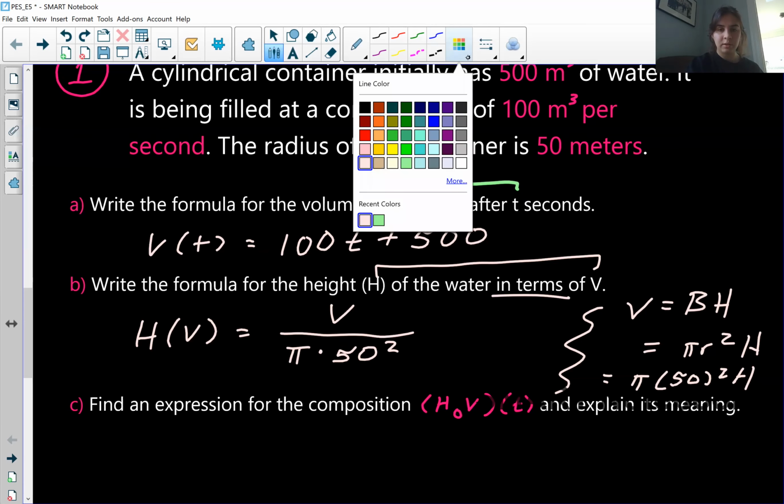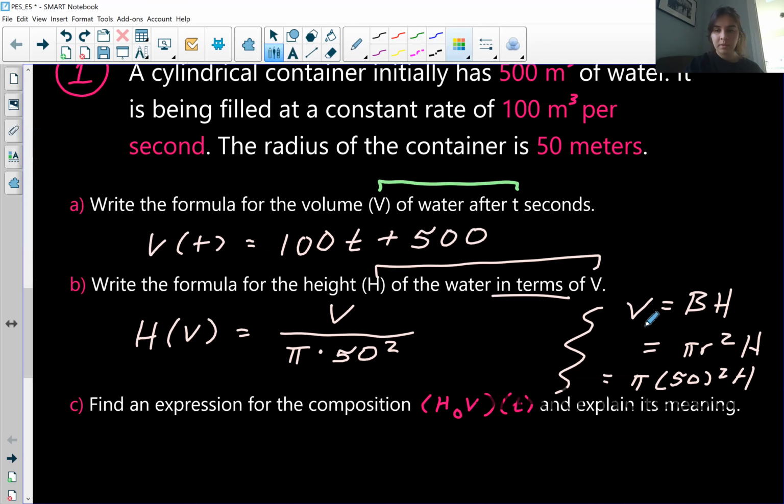Because I just took this right here, volume equaled pi times 50 squared times h. So then I just divided both sides by pi times 50 squared. That way I could get h by itself. Okay, and that is our formula.